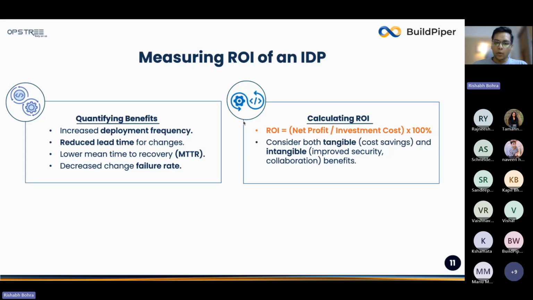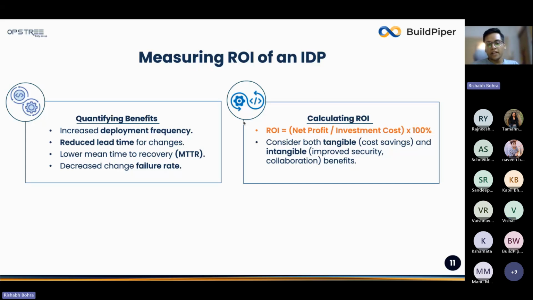So in terms of quantifying benefits, you see the increase in the deployment frequency. You also see the reduced lead time for changes, lower mean time to recovery, and the decreased change failure rate.